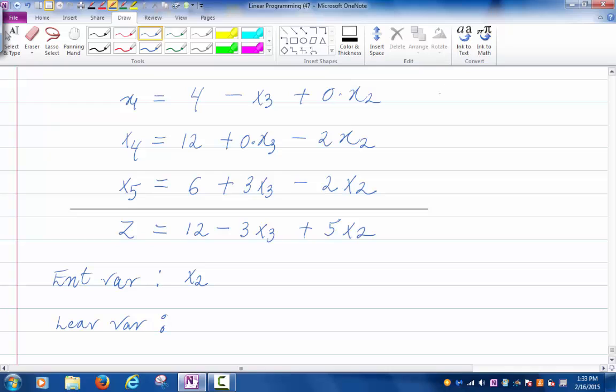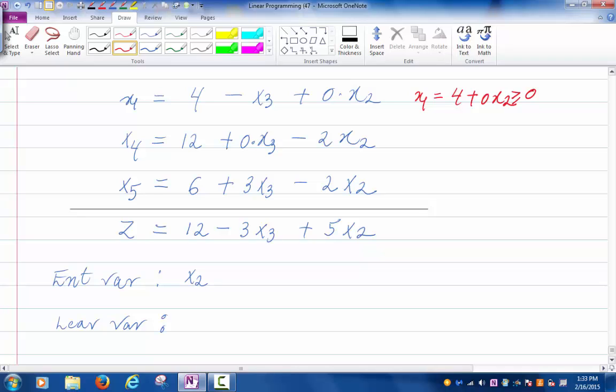Now the first equation says x1 is equal to 4 plus 0x2, and I want that to be non-negative. Does it put a bound on x2?